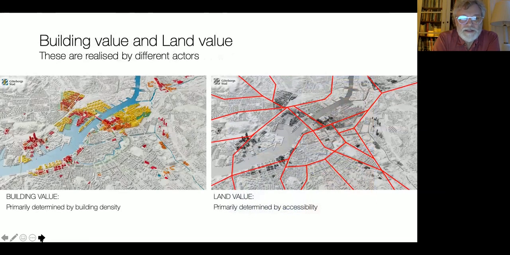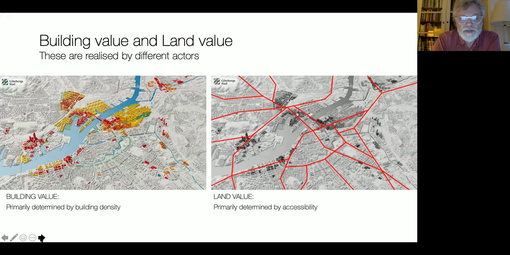But when we start to look into this a little bit more and try to understand how they are created, we realize that building value to a great extent is primarily determined by what we can call building density. I mean, the higher the density, the more improved, so to speak, is the land. And of course, we have a great focus on this also in planning, in public debate, in real estate economics, the density of the built city.